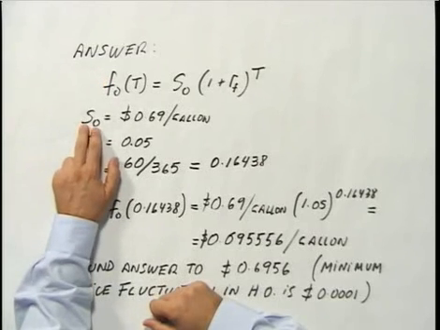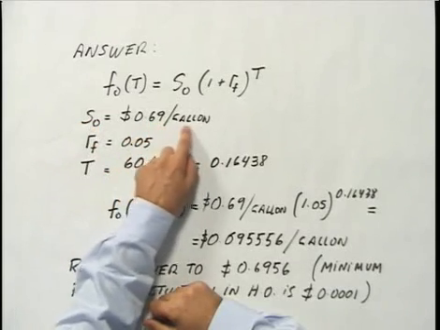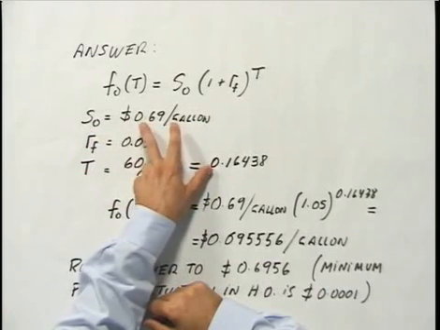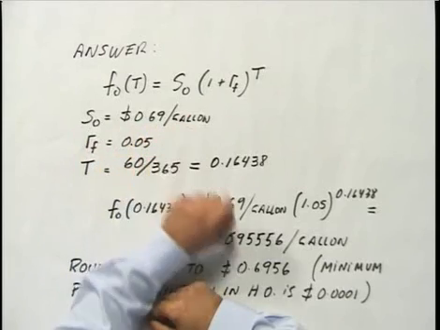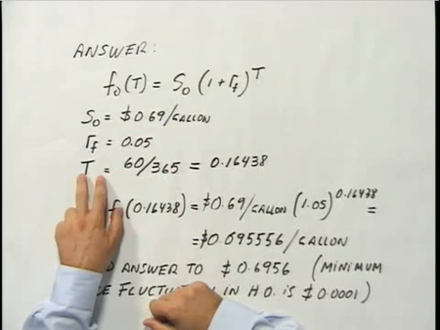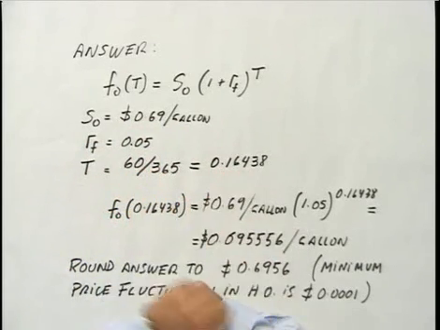Remember, the cash price or spot price was 69 cents per gallon. And remember how the prices are expressed. In this case, for heating oil, prices are on a dollar basis per gallon. The risk-free rate is 5%, and the time to expiration in this case is 60 divided by 365, or 0.16438.